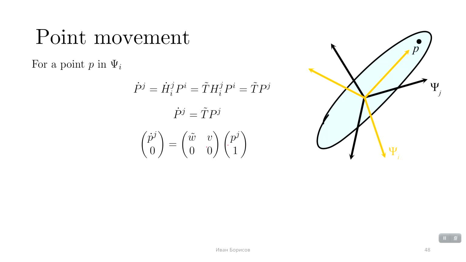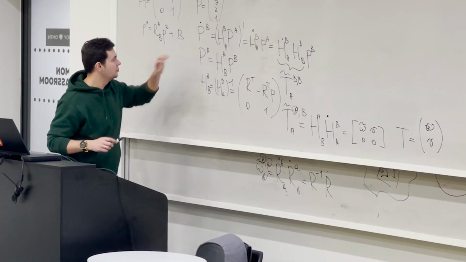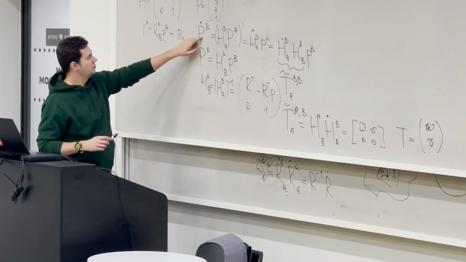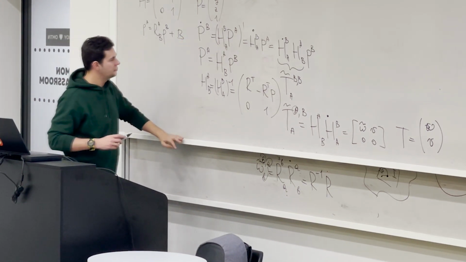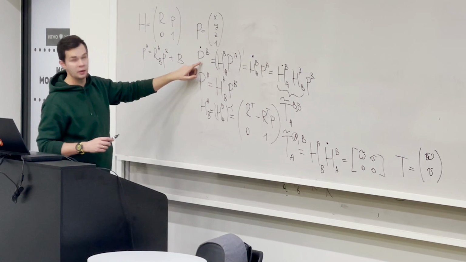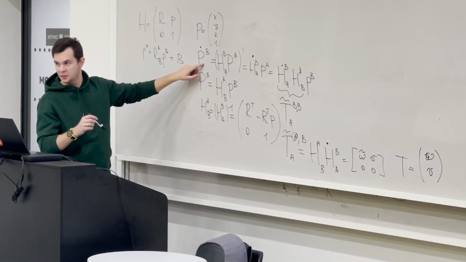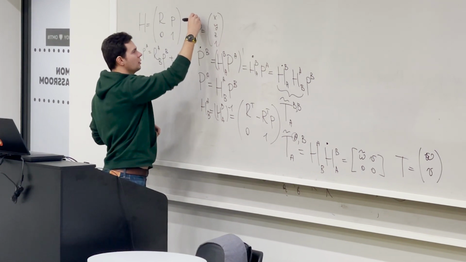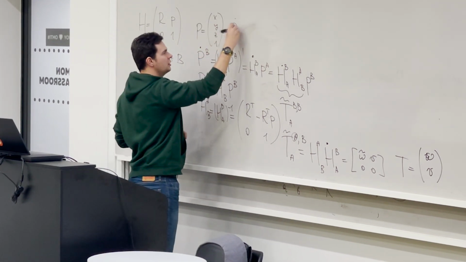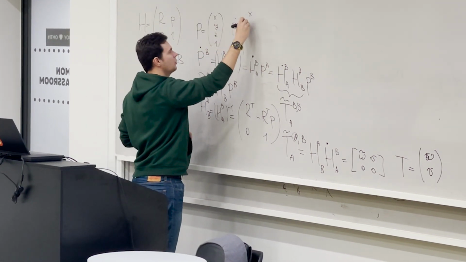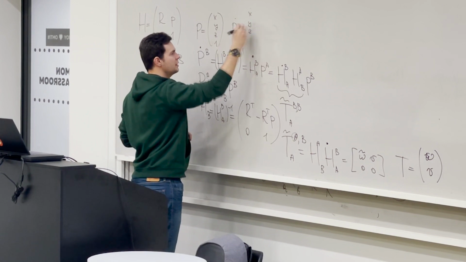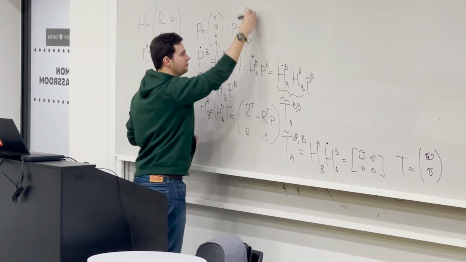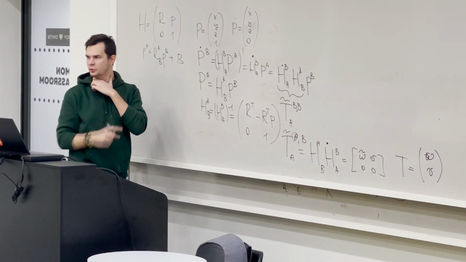So I have done this. Look, P capital, P dot. If we take the time derivative, you will see that P dot equals x dot, y dot, z dot, 0, right? Do you agree?